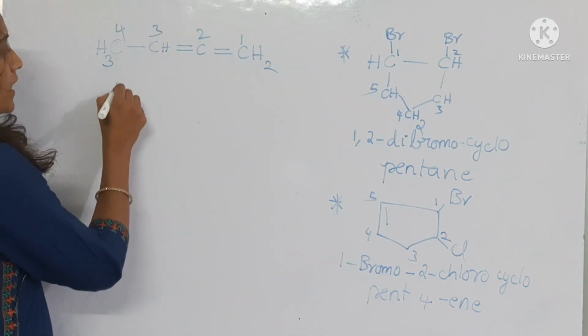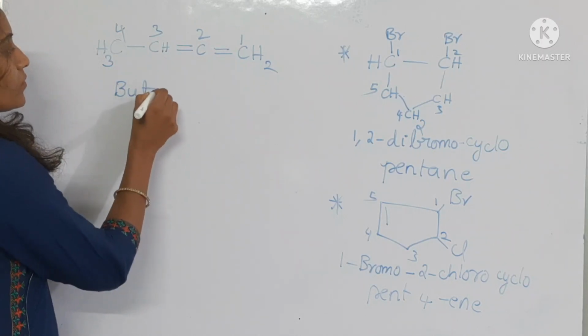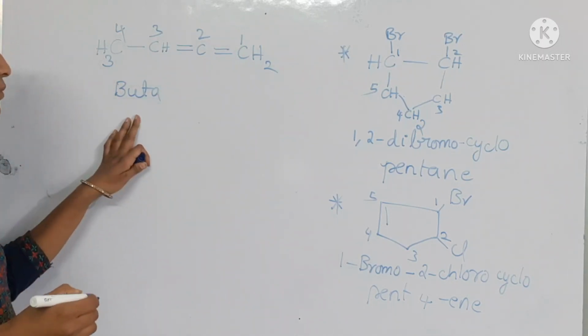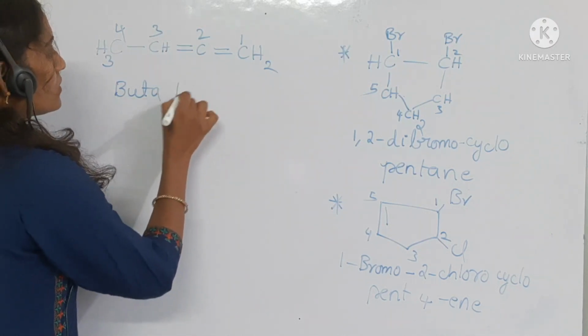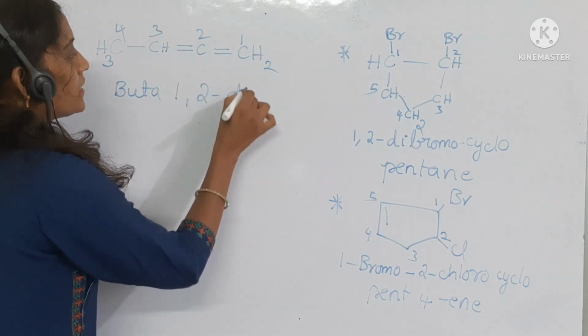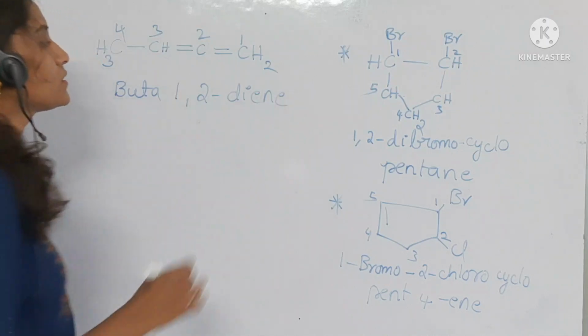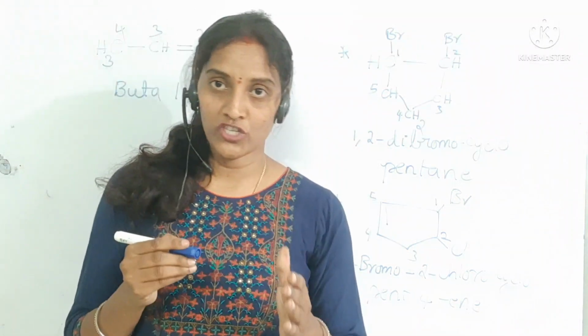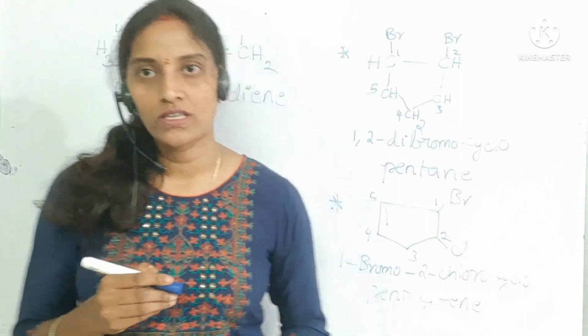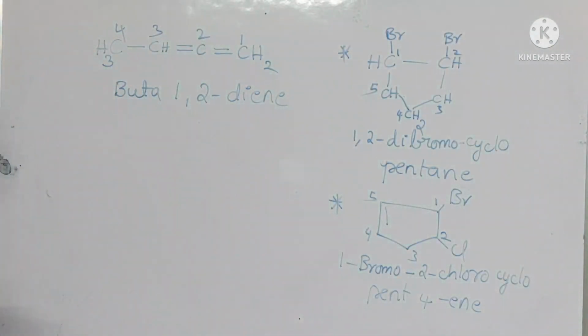It is a 4-carbon chain. Buta you can use, butadiene. Here at the first position and the second position, 2 double bonds are there, so I am going to write buta-1,2-diene.